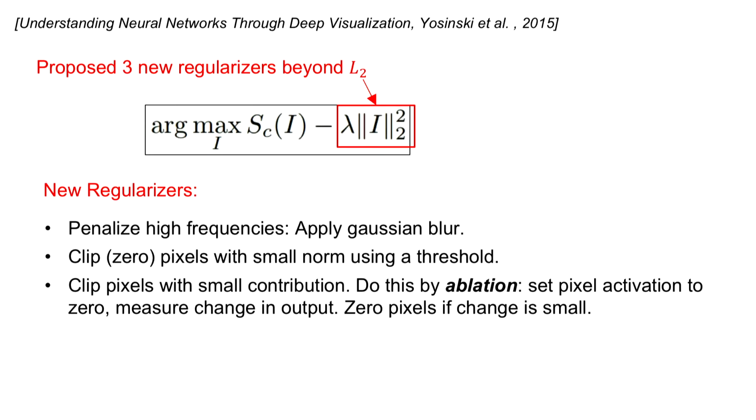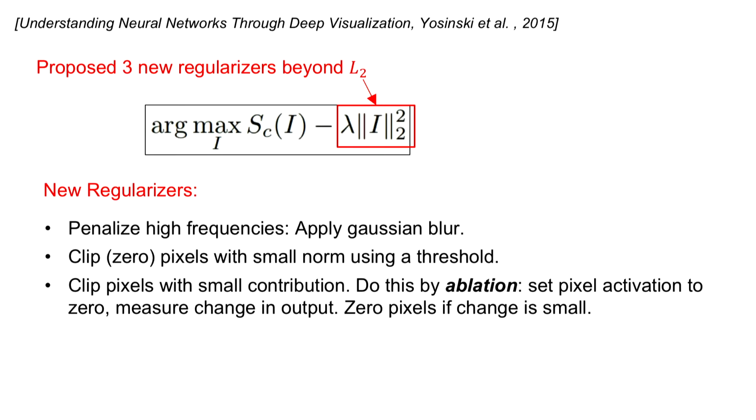There was some follow-on work by Yosinski et al. They were trying to make those images that we just saw a little bit more interpretable. They noticed, for instance, that there's a lot of high-frequency spatial noise, things that appear like a grid of lines.